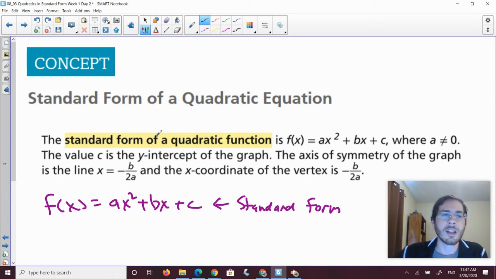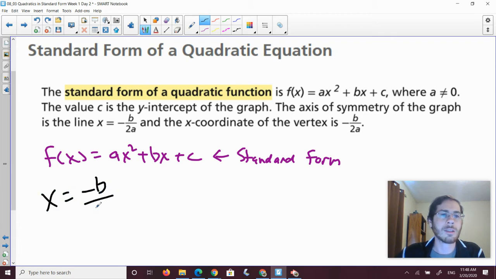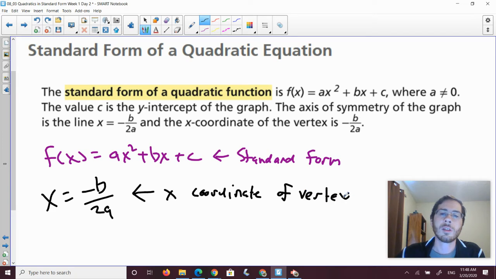The axis of symmetry is the line x equals negative b over 2a. If you're taking notes, that's an important one, because that's not one that's really intuitive yet. We just want that to be one of the formulas, and that's going to be the x coordinate of the vertex. That'll tell us where the x coordinate of the vertex is, which we kind of looked at in the explore and reason section at the beginning.